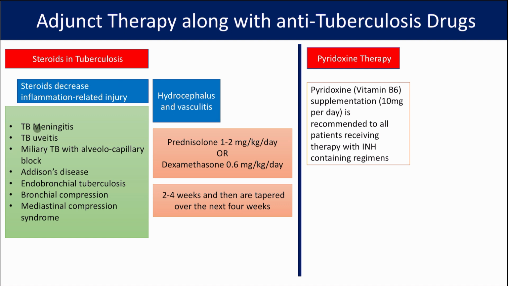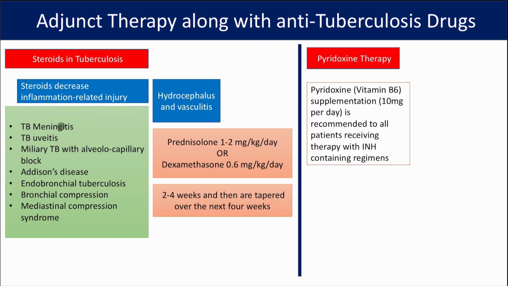Okay, so what are the indications? Number one is your TB meningitis. Number two, TB uveitis. Then miliary TB with alveocapillary block. Number 4 is your Addison's disease, and also endobronchial tuberculosis and bronchial compression, mediastinal compression syndrome. These are important.